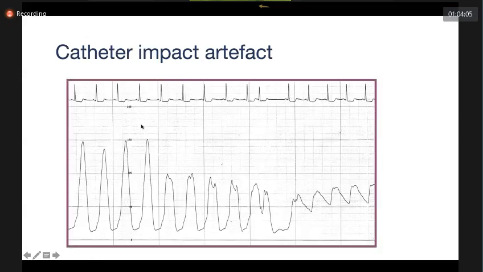So what is catheter impact artifact? You have a severe aortic stenosis, you want to check the pressure followed by the balloon dilation. You are using a right coronary artery catheter with only an end hole.